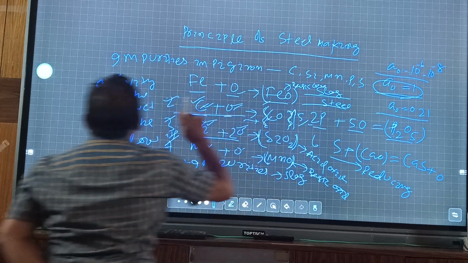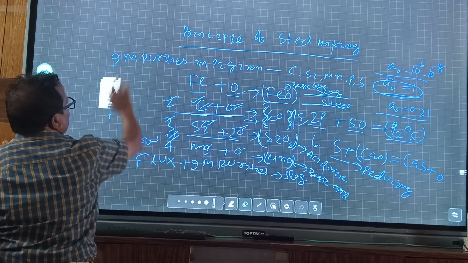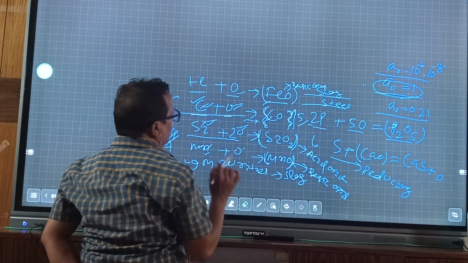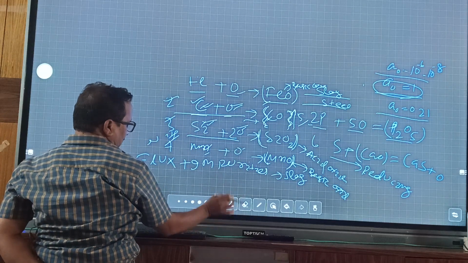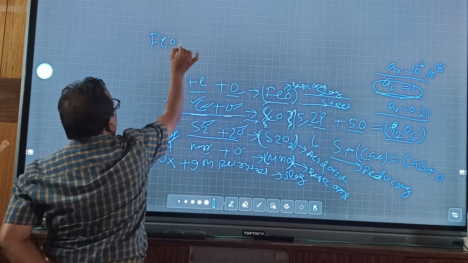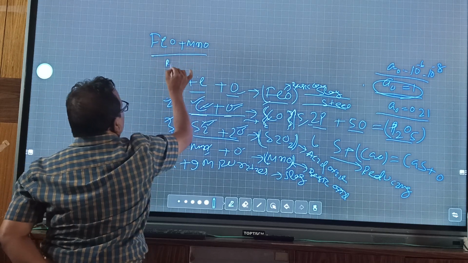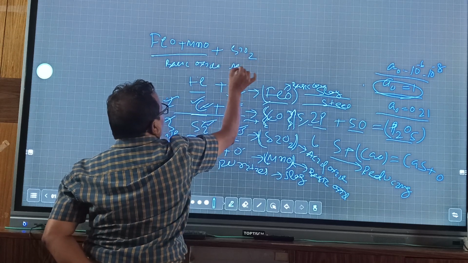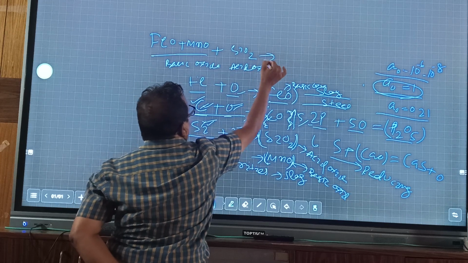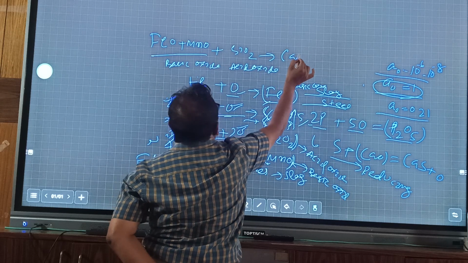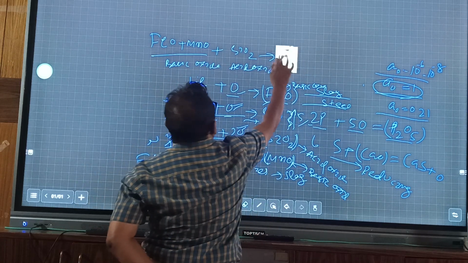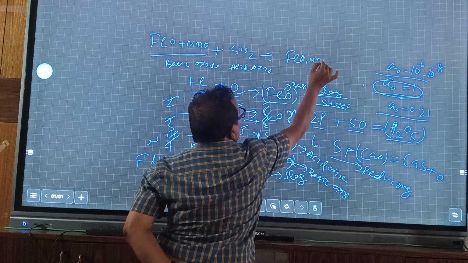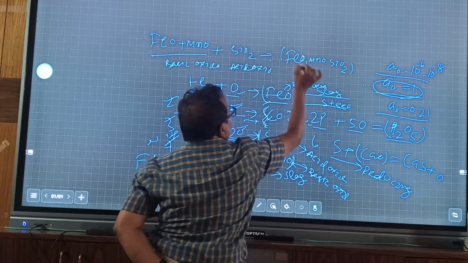First, the basic oxides, that is iron oxide plus MnO, which are basic oxides, combine with silica, the acid oxide, to form your slag: FeO, MnO, SiO2. This one will be slag.